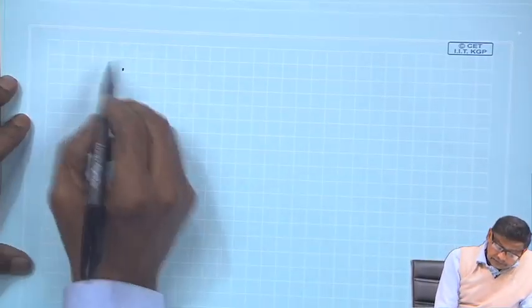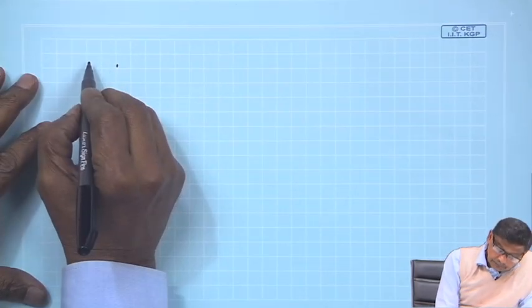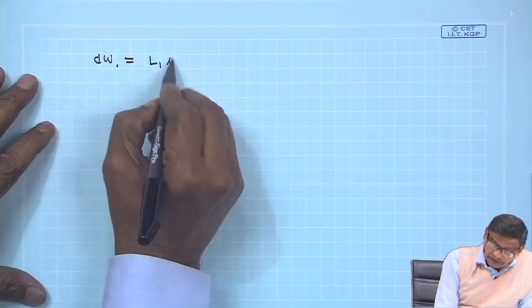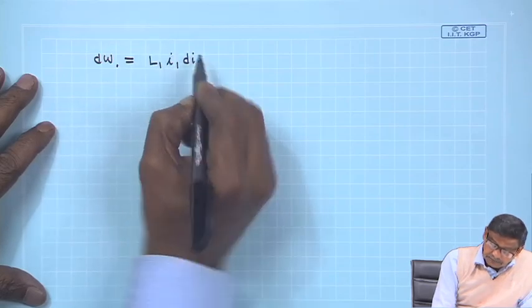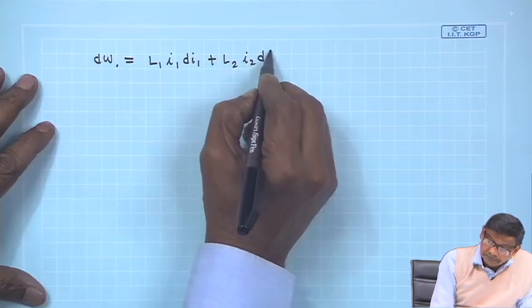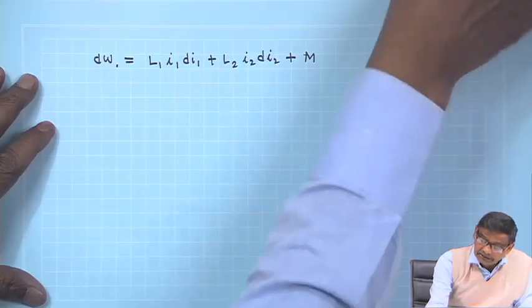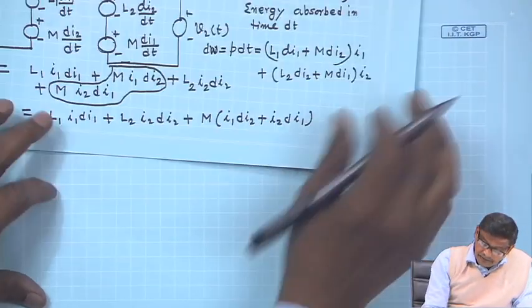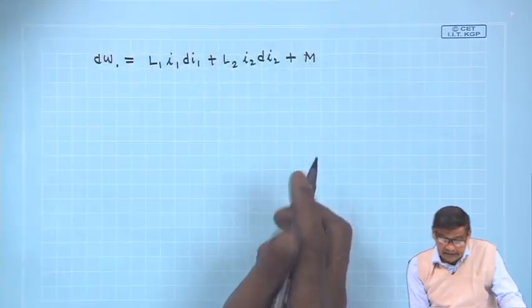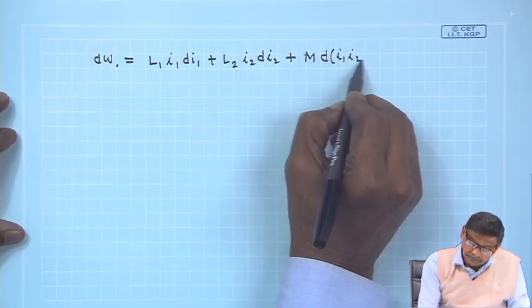And so dW is L1 I1 dI1 plus L2 I2 dI2 and this thing, if you look at it carefully, this term I1 dI2 plus I2 dI1 can be written as d of I1 I2.